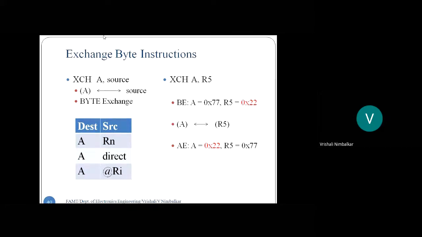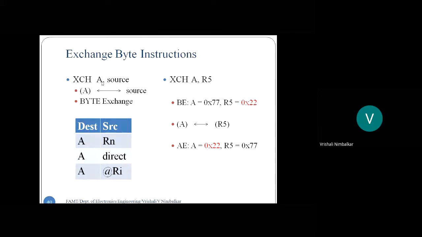Whereas the last two instructions are two-way data transfers, from one location to a second location and from the second location to the first location. So see how the format is. XCH, this is a byte exchange, meaning 8-bit data from one place to another and from the other to the first one. Right? XCH is a byte data transfer instruction. And see the format: XCH A comma source. It means one of the operands is always the accumulator.